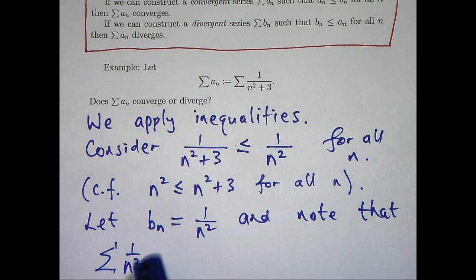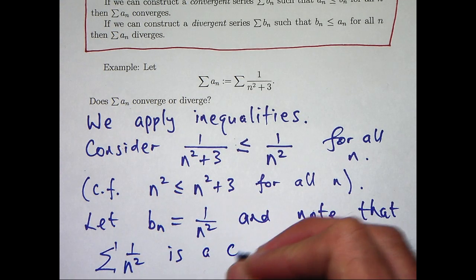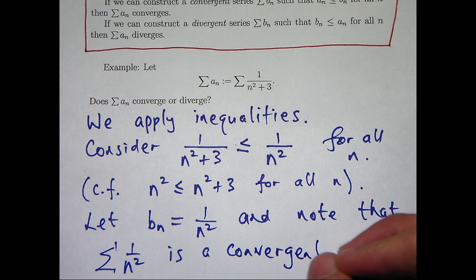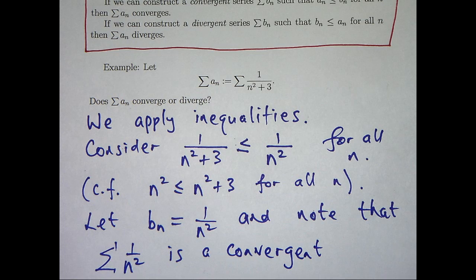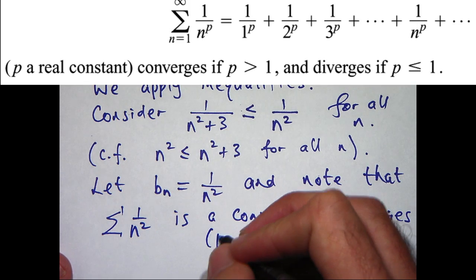The power is equal to 2, and it's a convergent p series because the power is strictly greater than 1. So we realise that our constructed series is a convergent p series.